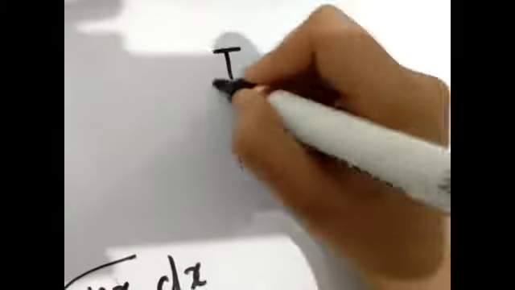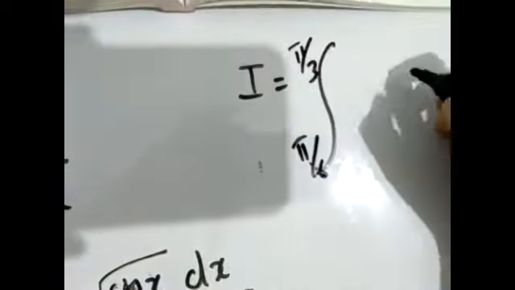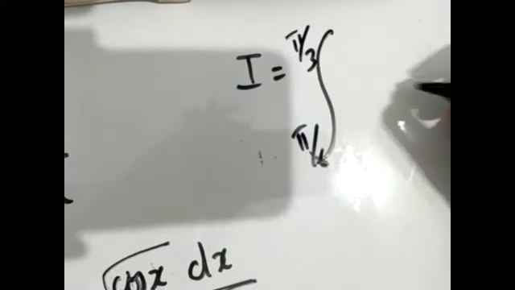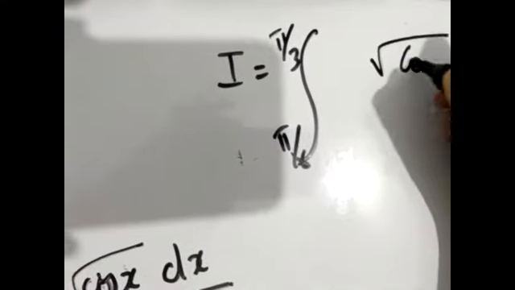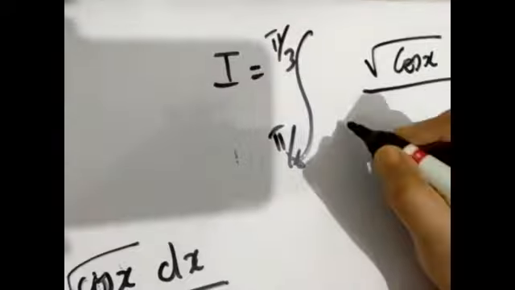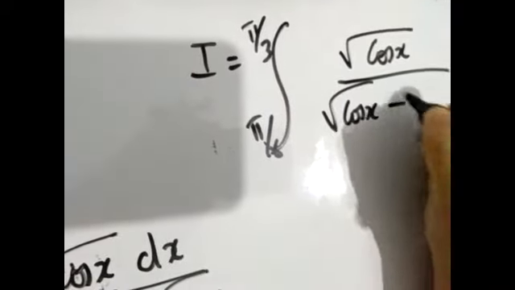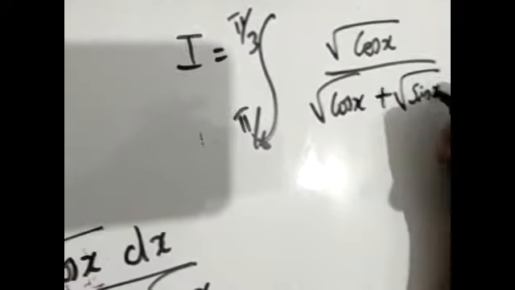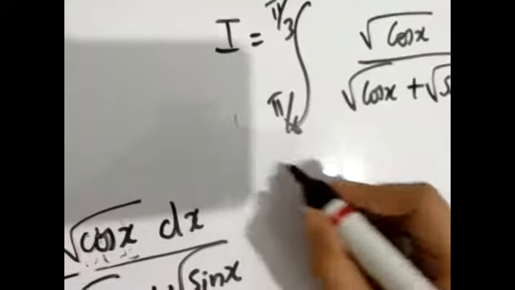Now, previously I had I equal to integral pi by 6 to pi by 3 of root of cos x by root of cos x plus root of sin x. This is what we began with, right? The first step was this.